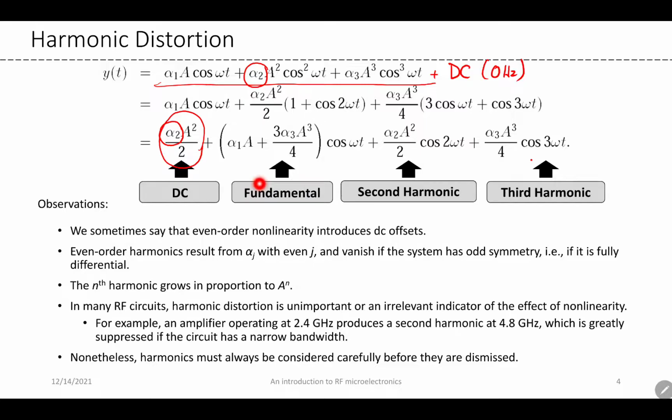If we move on to higher order terms, we'll see that there will be more terms like plus alpha 4 a raised to power 4 by 4 or something like that, right? You'll have more terms like this, but all of these even terms, they will contribute to a DC offset. So when you look at this DC offset, it is contributed by the even order terms.